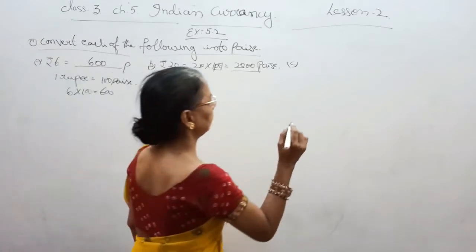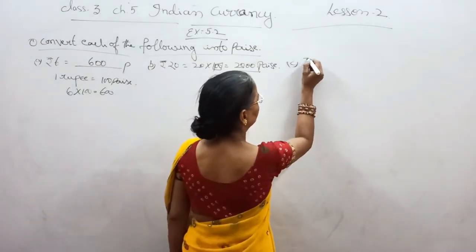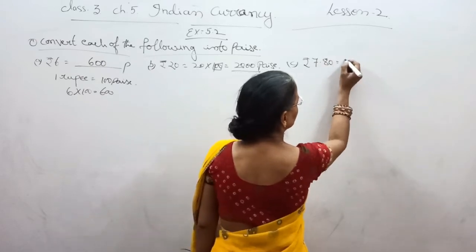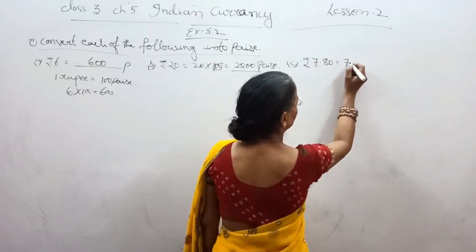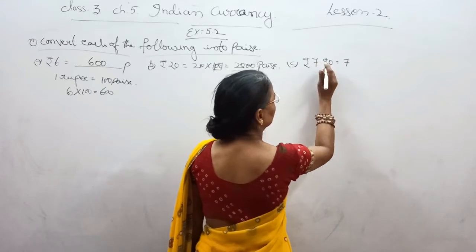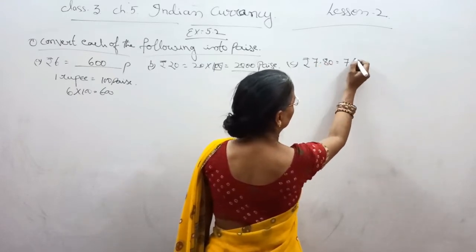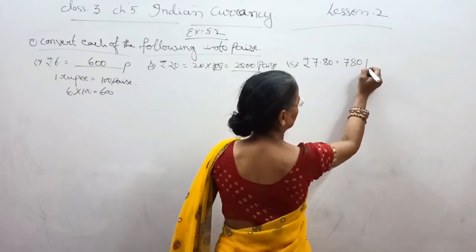Like this, we have to do the third one, that is rupees 7.80 into paise. Simply move the point and put the answer.